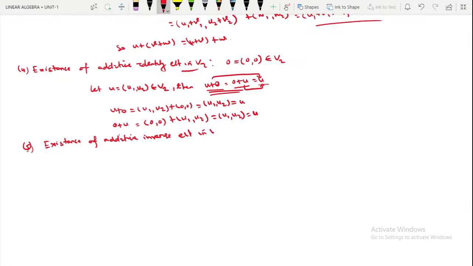Let u, which is u1 comma u2, belong to V2. So I am taking any element u from V2. If u is equal to this, then what will be minus u?